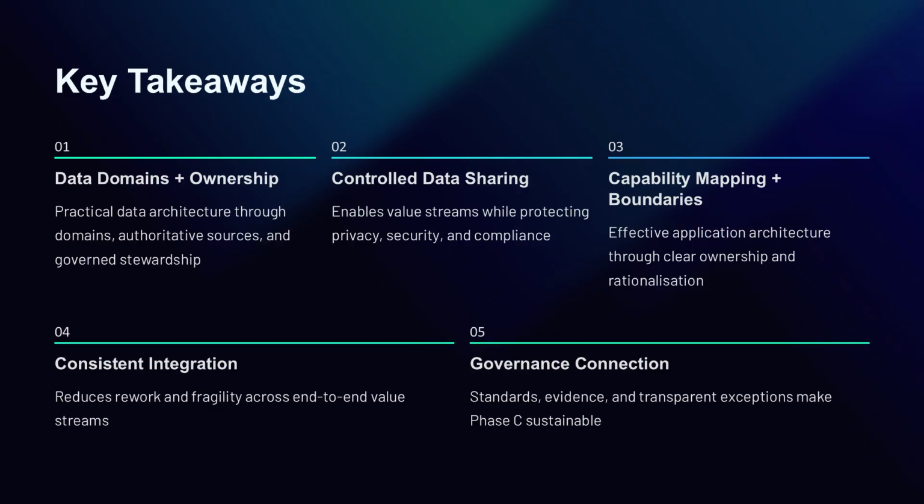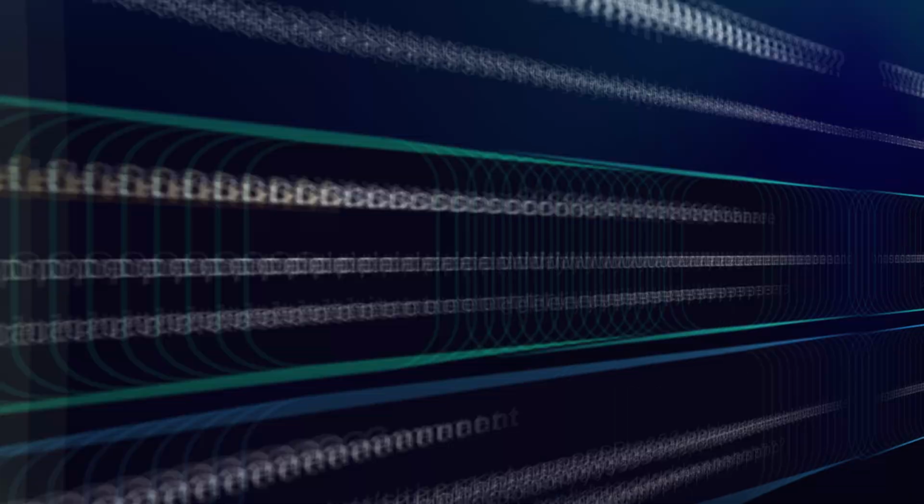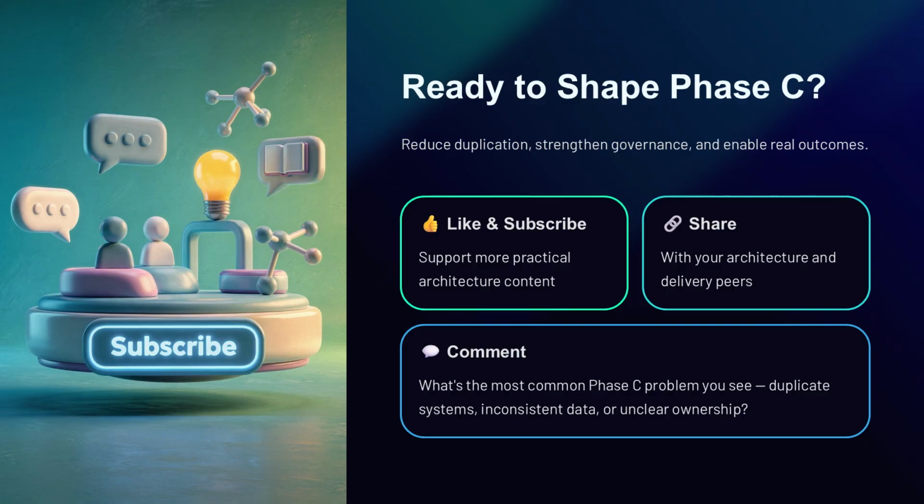You learned that consistent integration and interoperability direction reduces rework and fragility, while enabling end-to-end value streams. You learned through examples how Phase C prevents multiple truths, reduces operational friction, and strengthens delivery predictability. Finally, you learned that Phase C only works long-term when it is connected to governance through standards, evidence, and transparent exceptions. Now that you understand how to run Phase C information systems architecture in a practical way, you are ready to shape data and application decisions that reduce duplication, strengthen governance, and enable real outcomes.